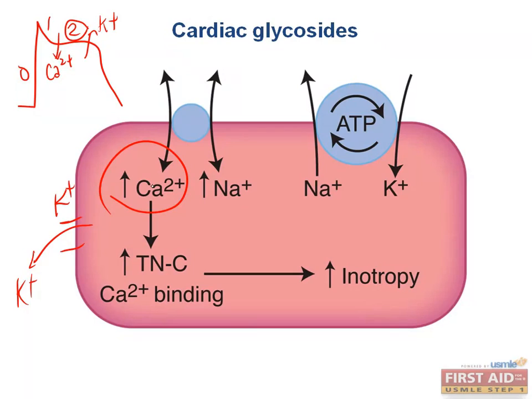If this really high accumulation of calcium within the cell can open some of these potassium channels, then we repolarize much faster than we initially wanted. If you already have a sufficient amount of intracellular calcium, then you're going to be ready to pull that trigger on the next depolarization because you've pushed out that potassium by opening those potassium channels, and you're going to cause a depolarization that occurs way too early, which is an early afterdepolarization.